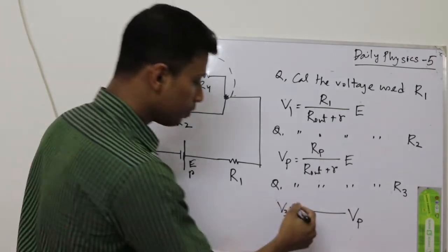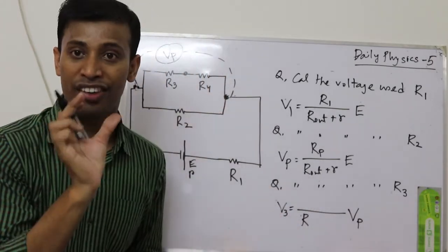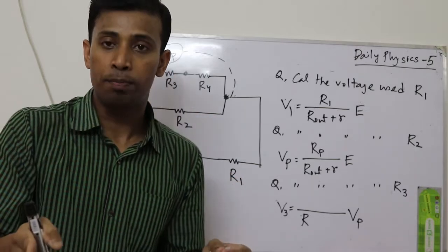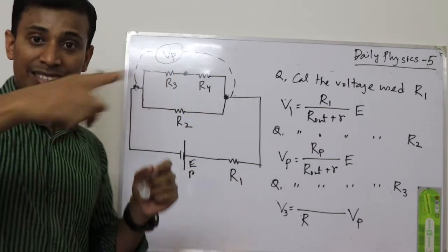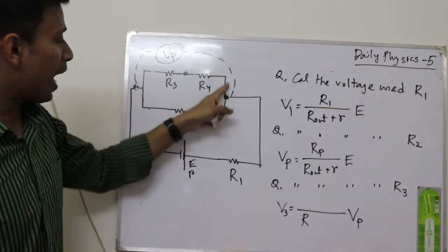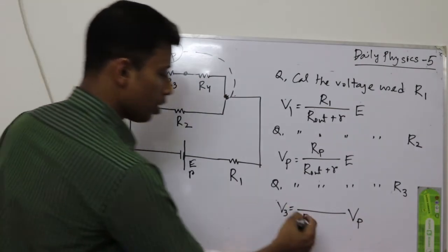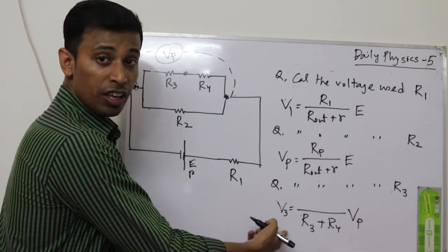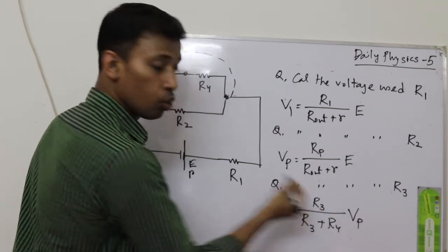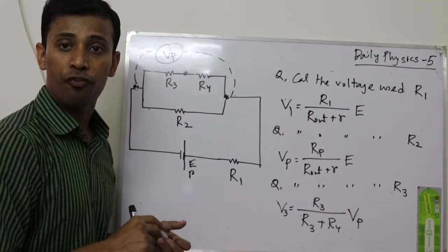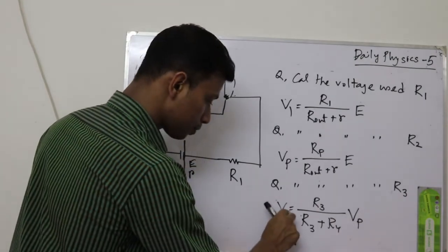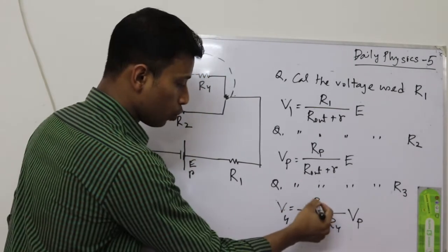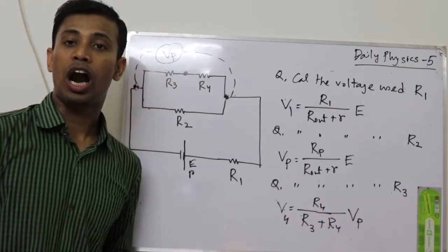So here it will be Vp. At the bottom, the total resistance within that line, because we are about to divide Vp, so we have to get the total resistance inside Vp. And in this line, the resistance is R3 plus R4. So for V3, we have to write here R3, and for the voltage used by R4, which means V4, we have to write here R4.